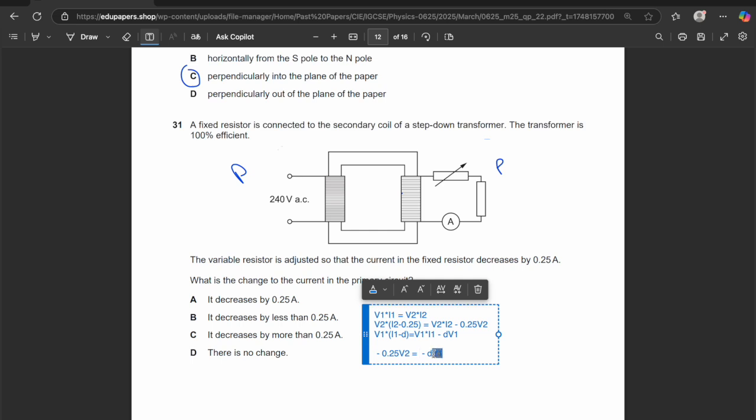And because it's a step-down transformer, V1 will be bigger in the primary coil, so V2 is smaller. To equalize this, D has to be smaller than 0.25 in order for these two quantities to be the same. So the answer would be decreases by less than 0.25 amperes.